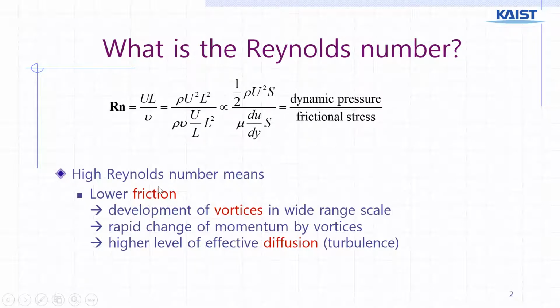So the meaning of Reynolds number is that high Reynolds number means lower friction, and also they're developing a vortex, and also momentum flux or mixing of momentum by vortices, and diffusion due to this vortex and momentum changes.